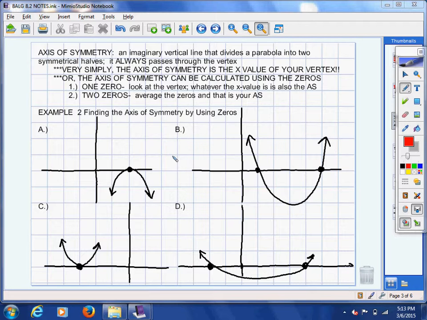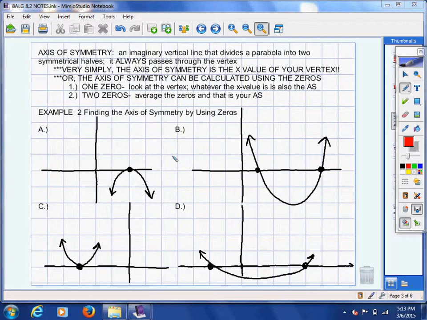And so if you can fold yourself or a figure on that imaginary vertical line and every point touches, each half touches exactly the other half, then it's got something called symmetry, and that vertical line is known as the axis of symmetry.